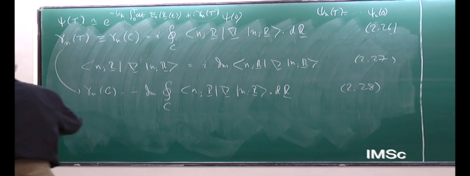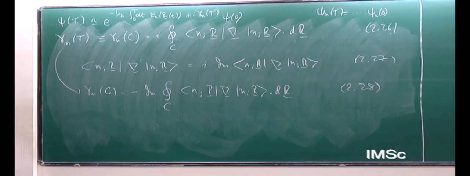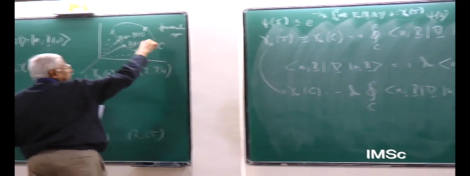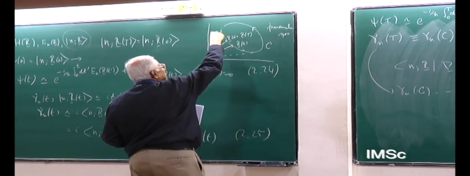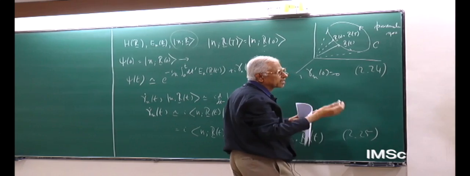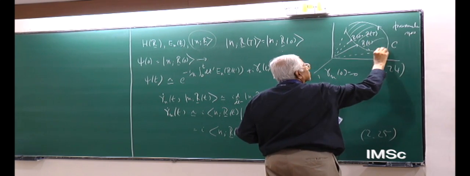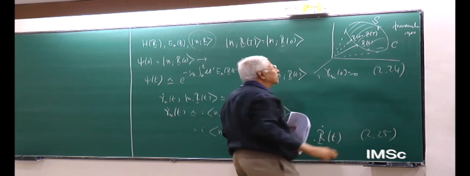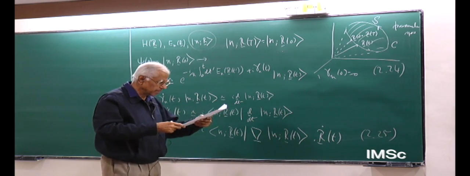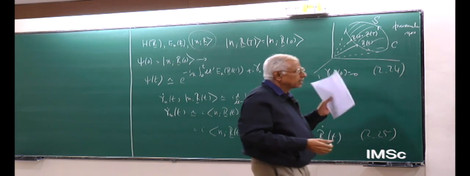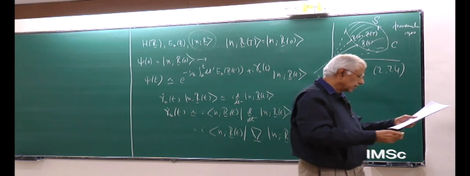So then the derivation goes that to convert this loop line integral into a surface integral, imagine drawing some 2-dimensional surface S in the parameter space having the curve C as its boundary.